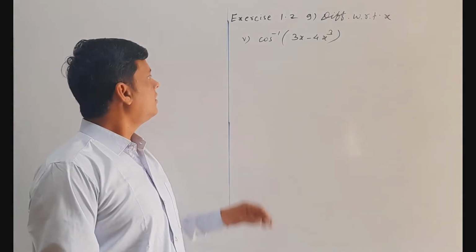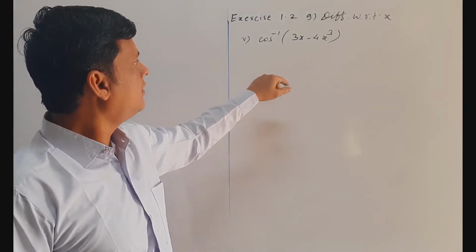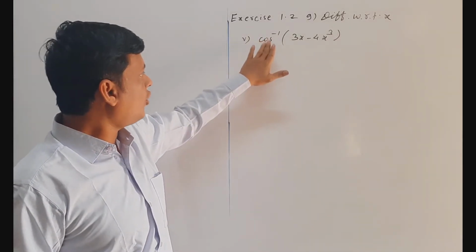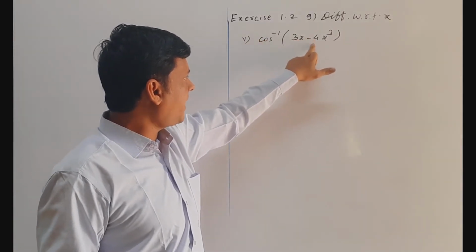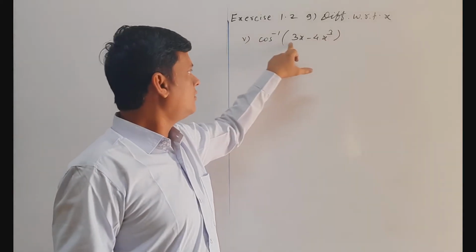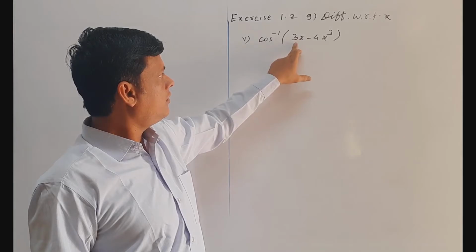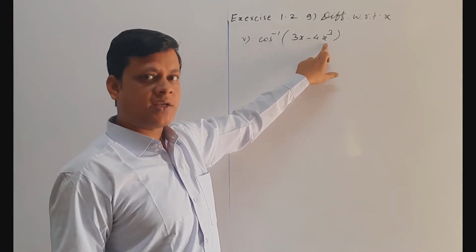Now see sub question 5. Observe the bracket terms. First see here cos inverse of 3x minus 4x cube. Now we observe the bracket, the value 3x minus 4x cube.